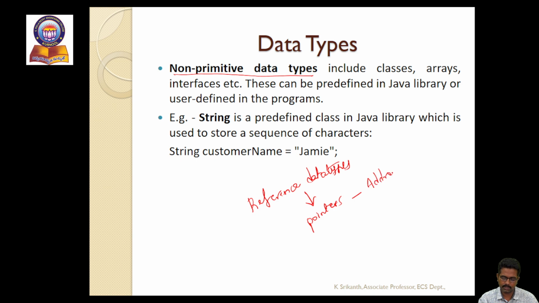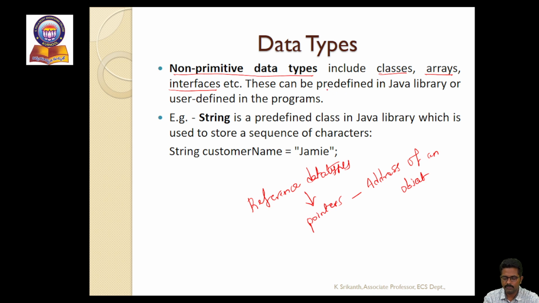It stores the address of an object, right? So when you are dealing with non-primitive data types, it means that you are dealing with classes, arrays, or interfaces.